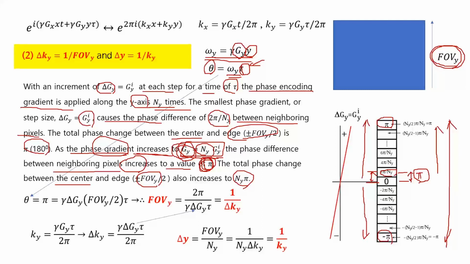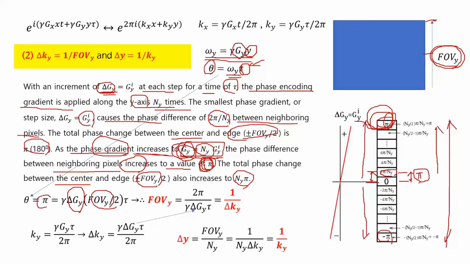So for the smallest phase encoding gradient delta Gy, from center to edge, the FOVy or 2 phase difference was pi, right?